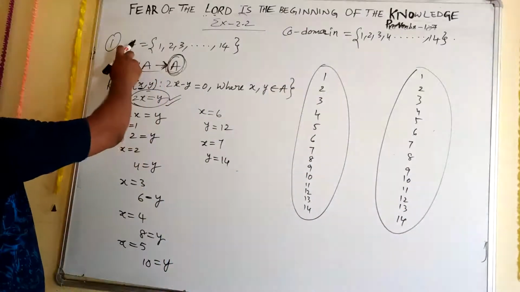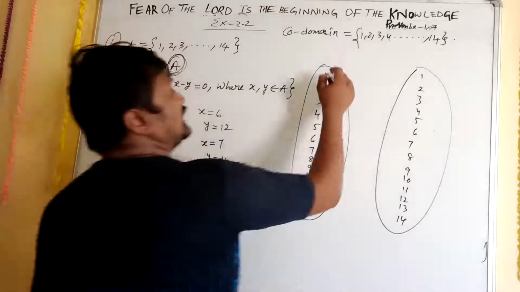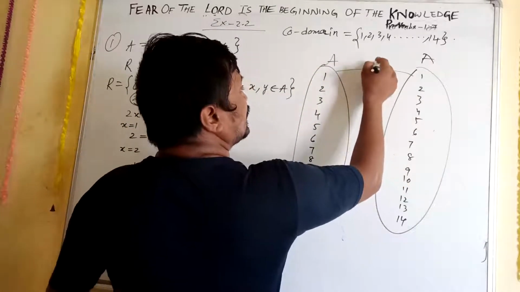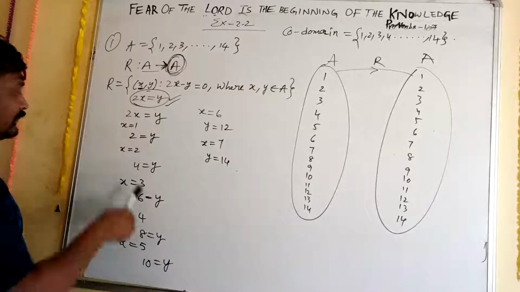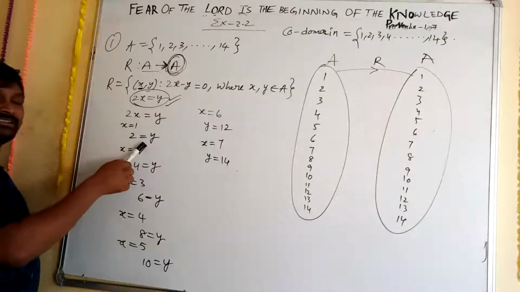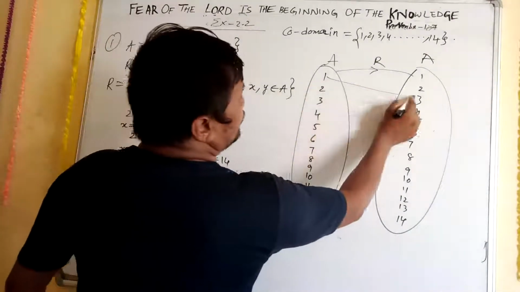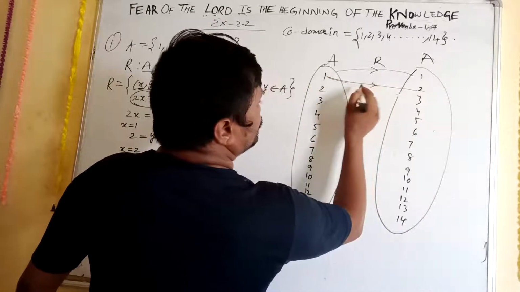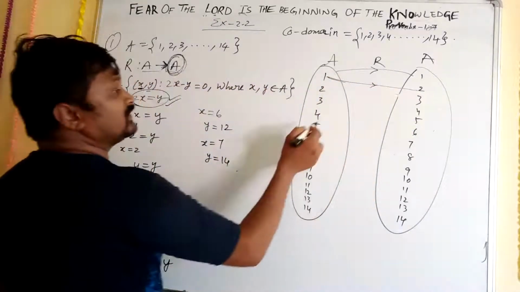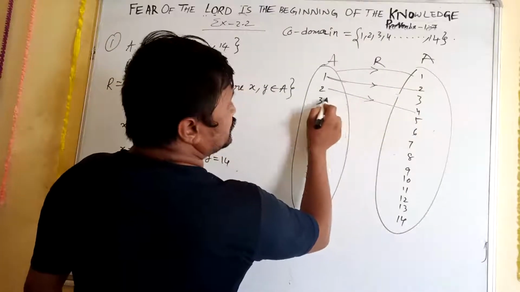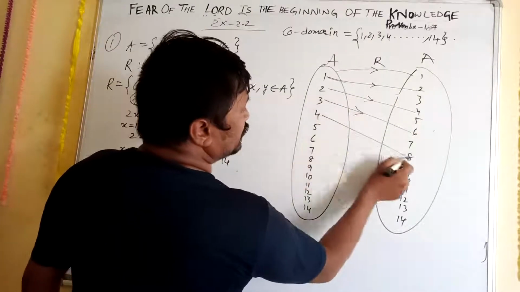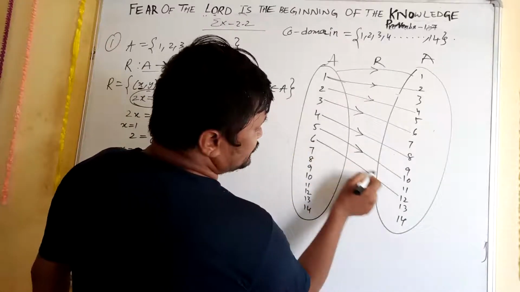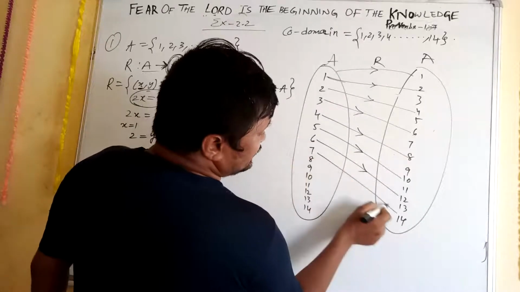So now first one is capital A to A is a relation, capital A to A having relation R. Now, first one, if you take 1, then y is 2. So 1, 2 is your relation. Next one, 2, 4, 3, 6, 4, 8, then 5, 10, 6, 12, 7, 14.